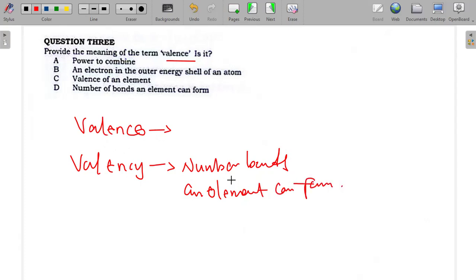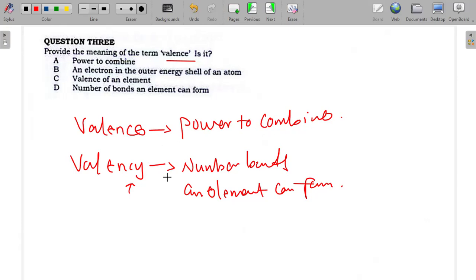And valence is just the power to combine, the combining power of an element. That's what we call valence with the E. So valence with the E is the combining power, and valency with the Y is the number of bonds an element can form.